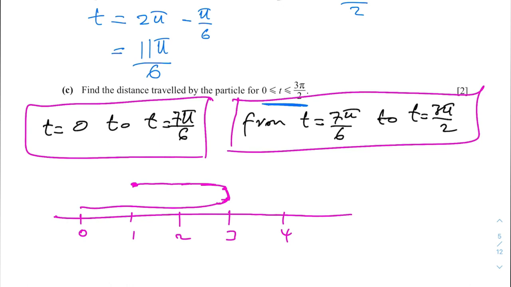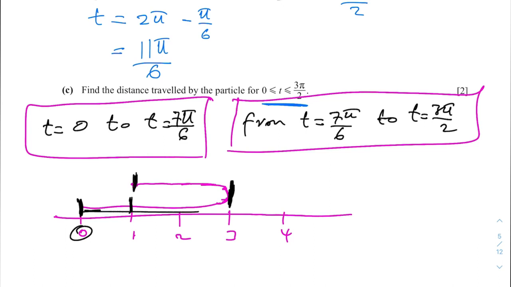Now, if you integrate from 0 all the way to 1, that means that you've captured only from here to there. You see the mistake that you would make. But what you want to do is capture the entire journey. So first you integrate from 0 all the way to 3. That gives you the first part of it, from the beginning to the instantaneous rest. Then you integrate from the instantaneous rest to the final position.